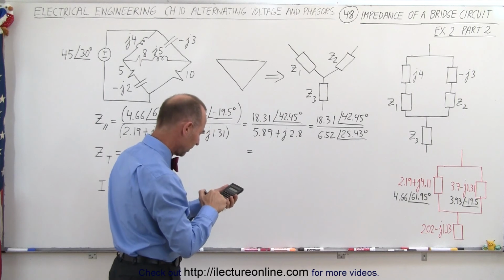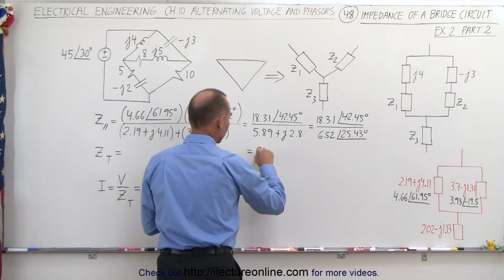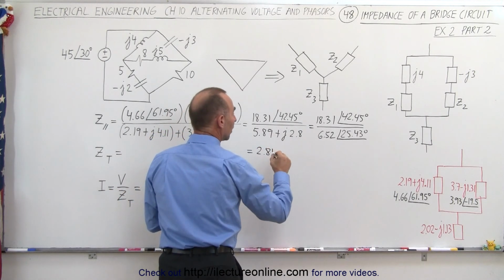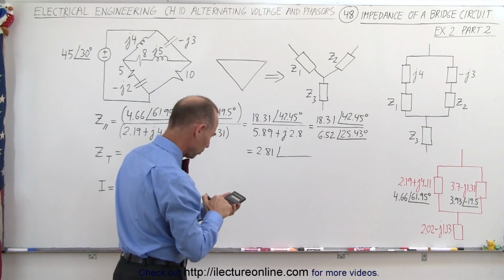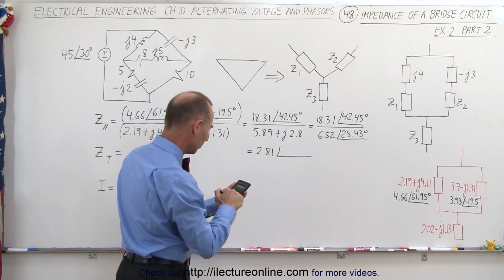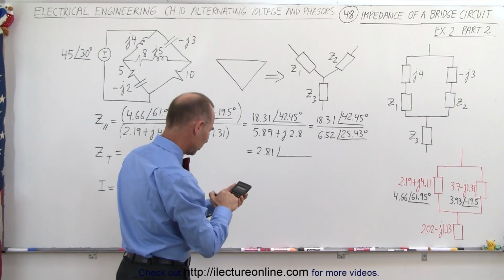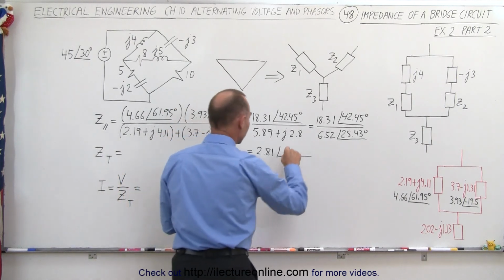And so then when we divide that, we get 18.31 divided by 6.52, that gives us 2.81 with a phase angle of 42.45 minus 25.43, we get 17.02 degrees.